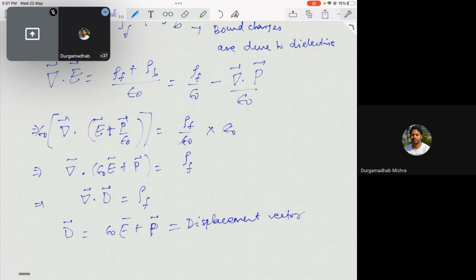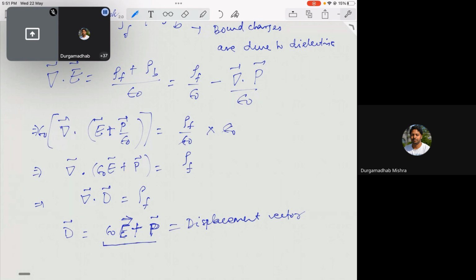Okay. So this is the electric displacement vector D, which has the normal electric field that we have described so far. In addition to that, you have to add the polarization of the dielectric material and get the total.